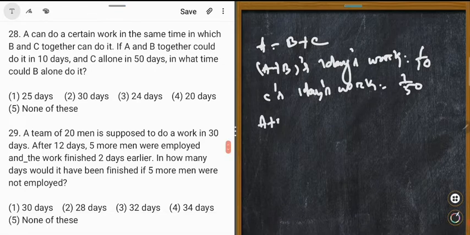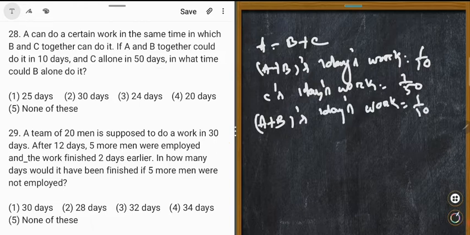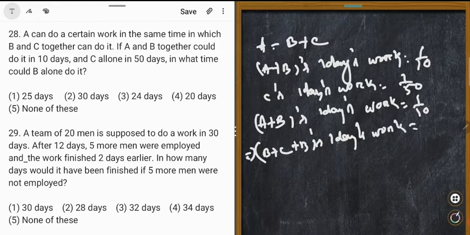A plus B's 1 day's work is equal to 1/10. Implies that B plus C plus B, that is, 1 day's work is equal to 1/10. Instead of A, I wrote B plus C. Could you understand?